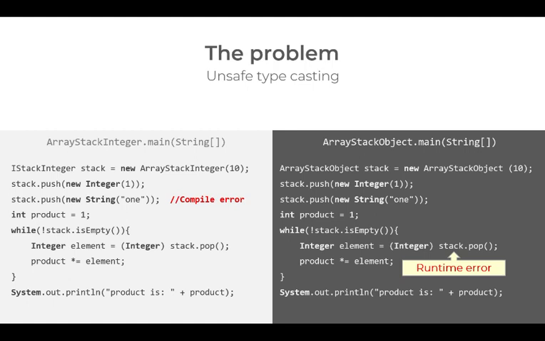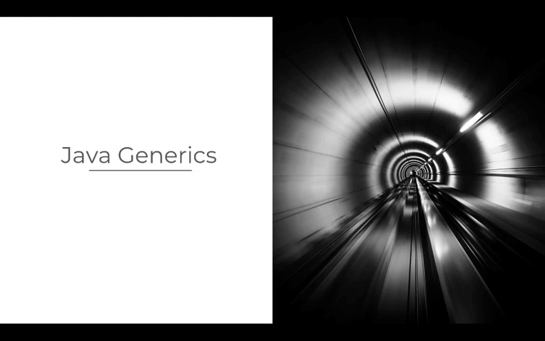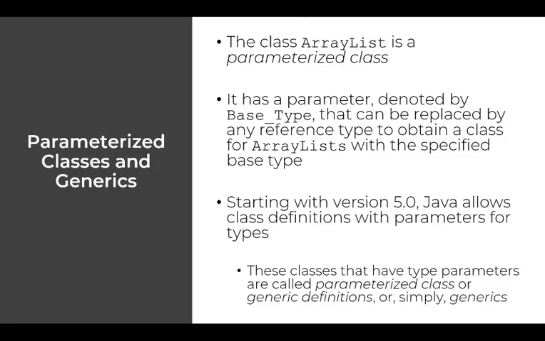So we've got a lot of issues with duplication of code, but also we are not safeguarded by the compiler. There is a solution using Java generics. In fact, we used that previously without knowing it. The class ArrayList is a parameterized class. What do we mean by parameterized class?